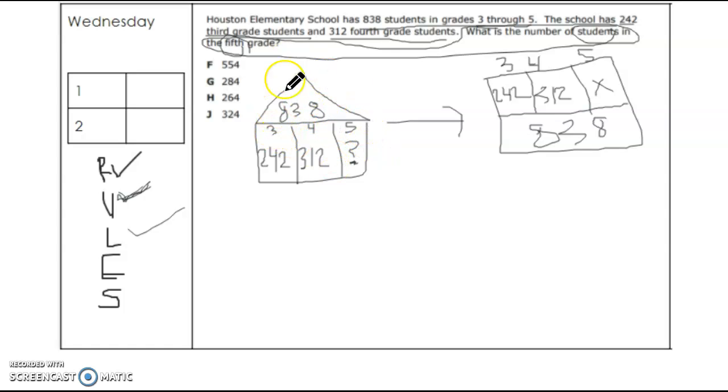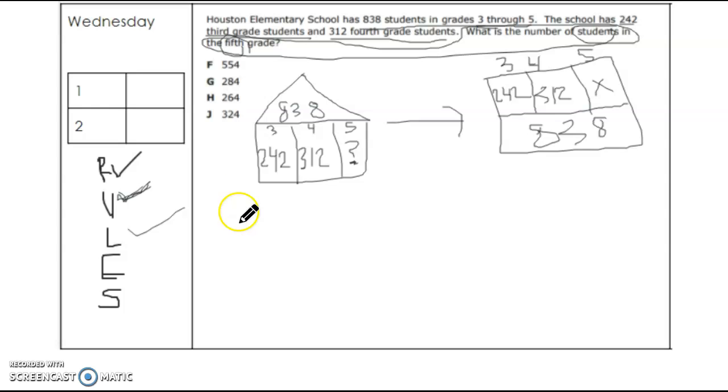You can either take your total and subtract the third graders, then subtract the fourth graders, and that'll leave us with the fifth graders. Or you can combine the third and fourth graders and then subtract that from the total, and that'll leave you with the fifth graders. When I think of this, I visually think of taking third graders and fourth graders and putting them all together, and then standing off to the side would be our fifth graders. And then all the students in the whole room together would be 838.